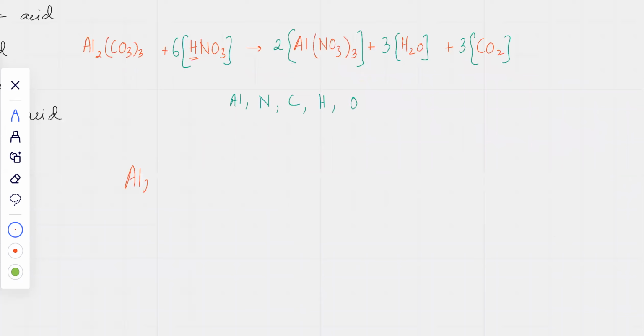I said everything looks good except for the balancing. It's CO3. You made all the formulas. This is with H2SO4. And it's going to be what? Al2(SO4)3. Plus there's going to be H2O and CO2.